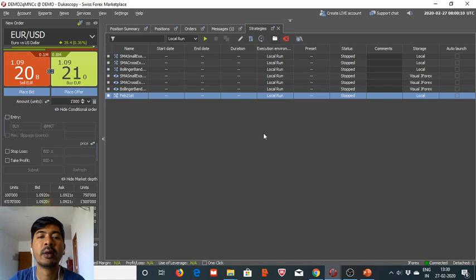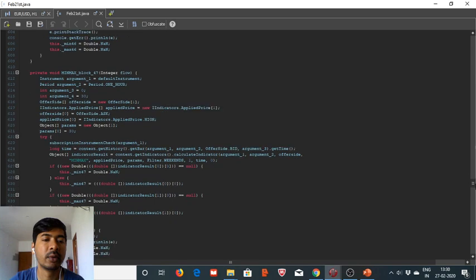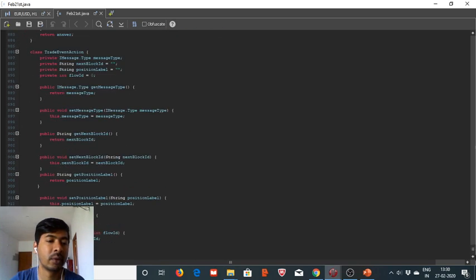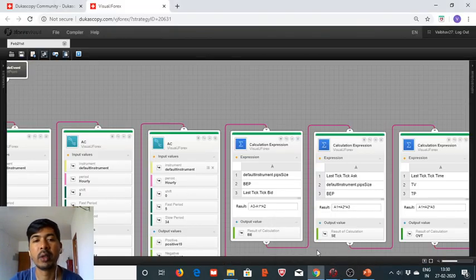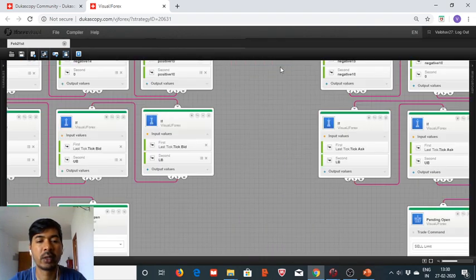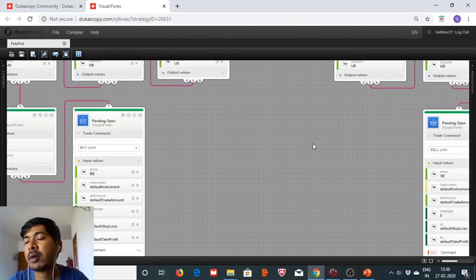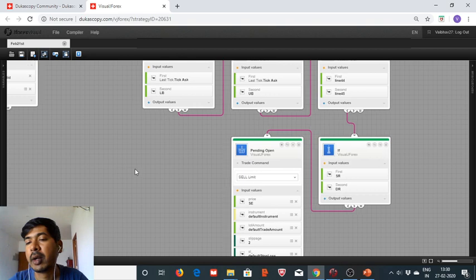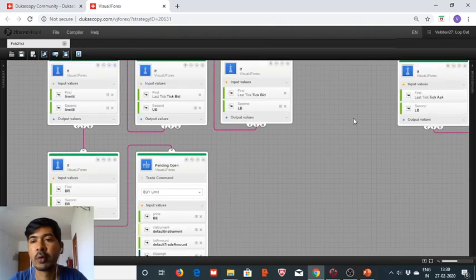Let me see the code. The code is of almost 900 lines, and I hope we have written all things properly. Let's take a brief recap of the conditions we have written here, we have added here, and it looks good to me.